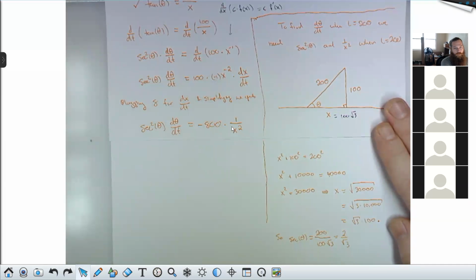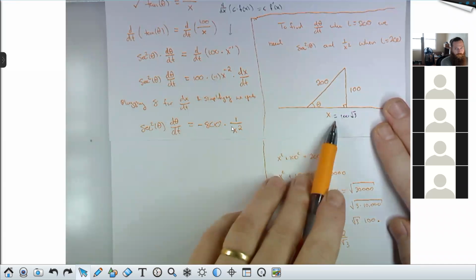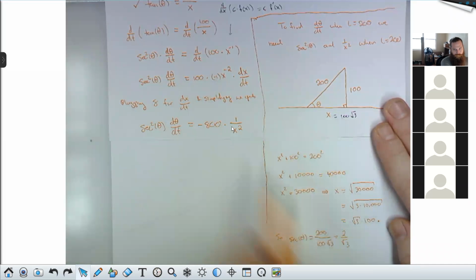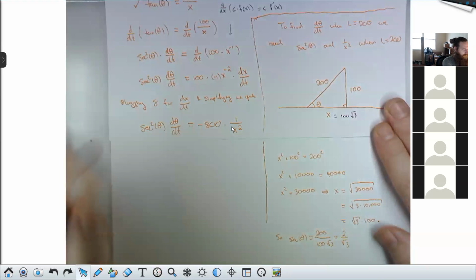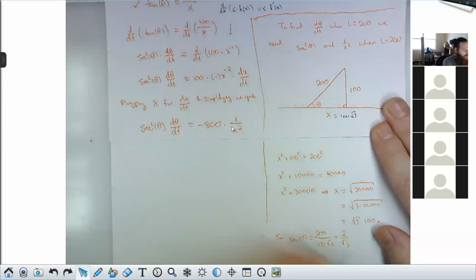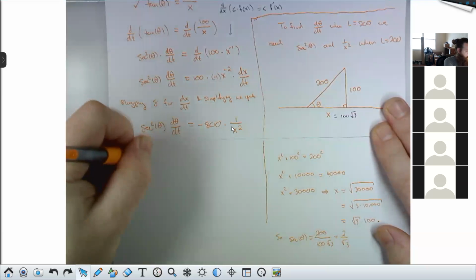And now I'm ready to rock and roll. I can plug in the x value here. I can plug in for secant theta here. So if secant theta is 2 over root 3, then secant squared theta has to be 2 over the square root of 3 squared.